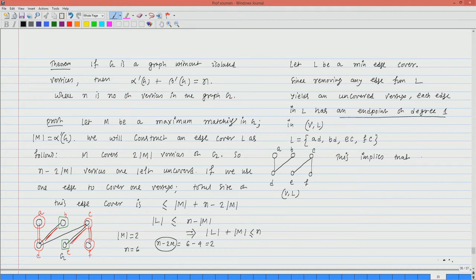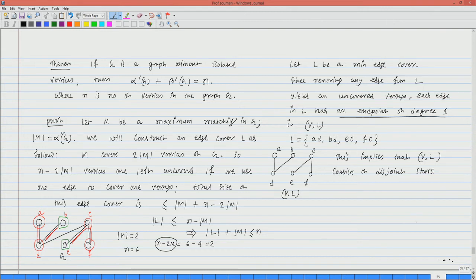that the graph VL consists of disjoint stars.